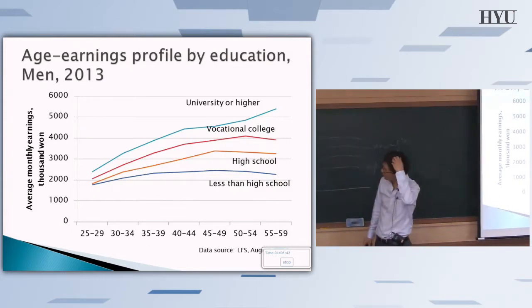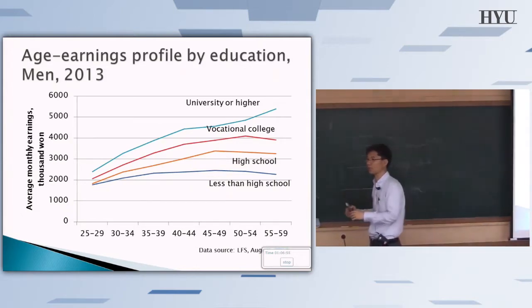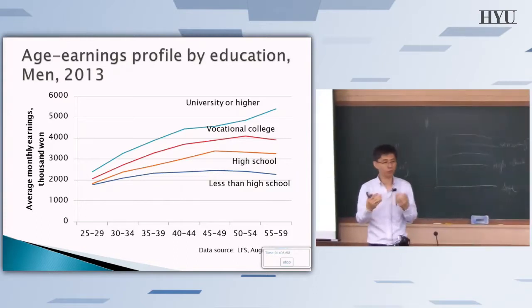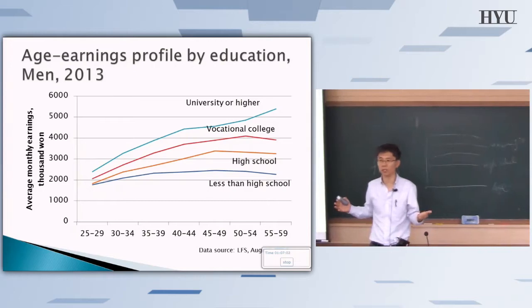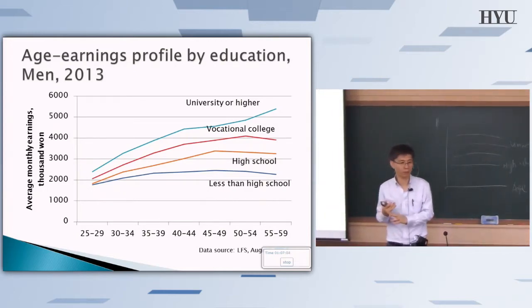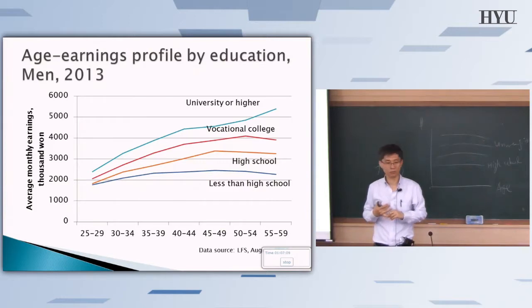Why? Because if you think about it, training and education are very similar activities, like investment. They are just two different types of investment in human capital. So if you have some characteristics that make you invest more in schooling, those same characteristics will make you invest more in training. For example, you are likely to have a low discount rate, so you are more patient.